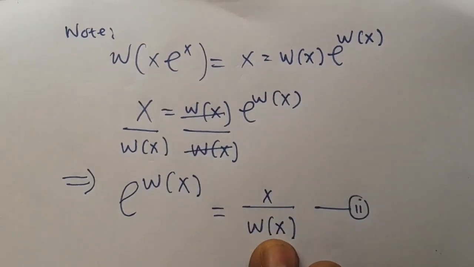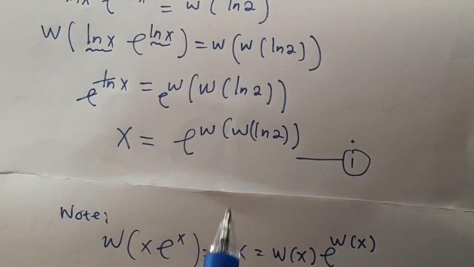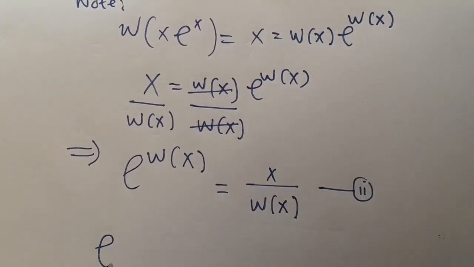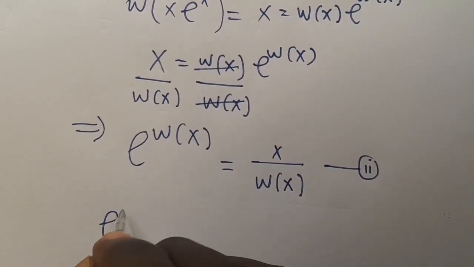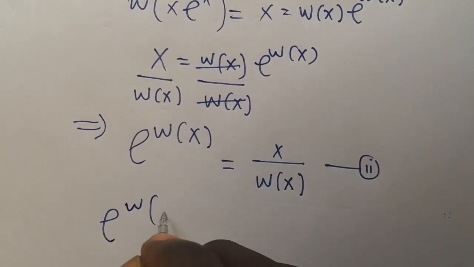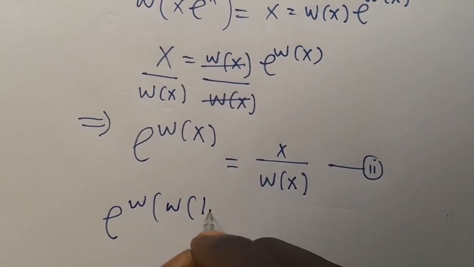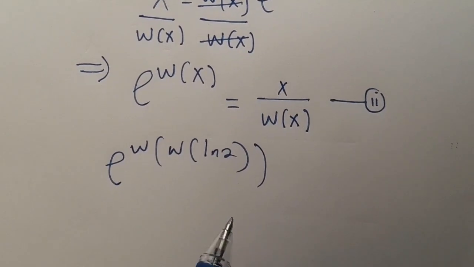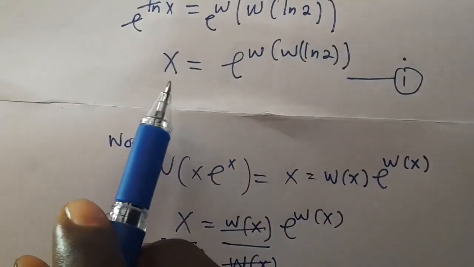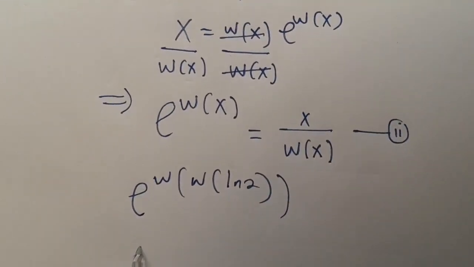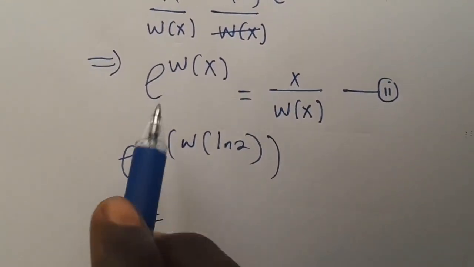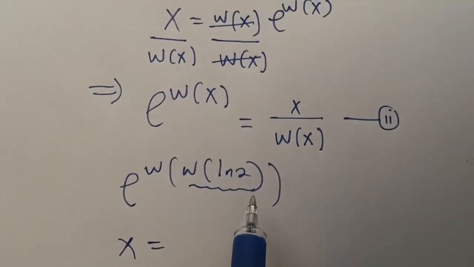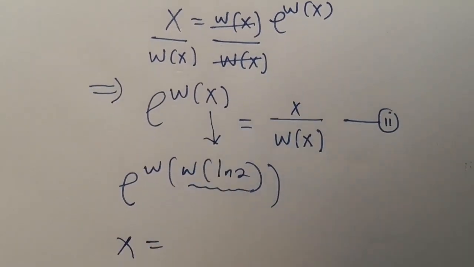Now guys, when we recall from here, we have W of W of ln 2, then that means from here our x will now be equals e raised to power W of W of ln 2. We assume the whole of this here to be equals x.